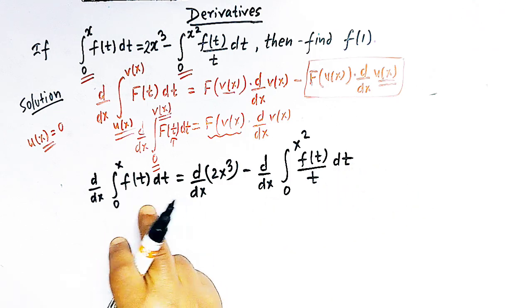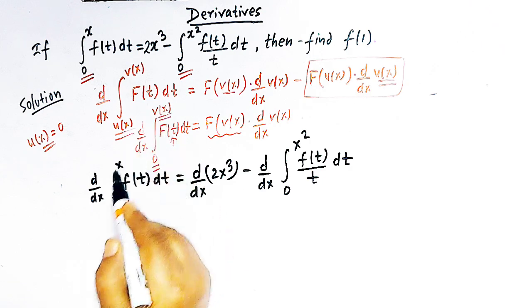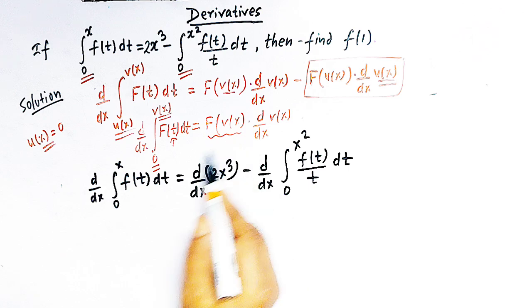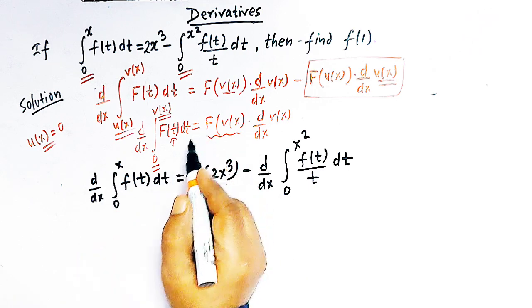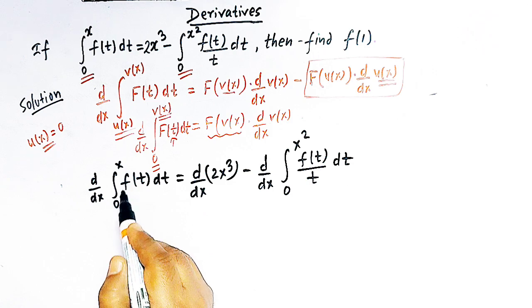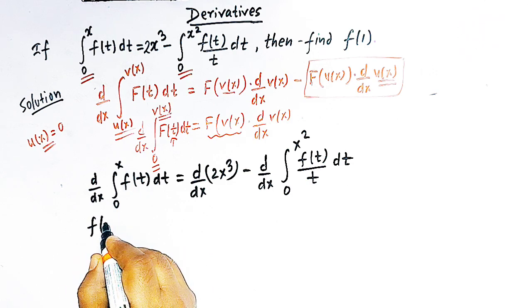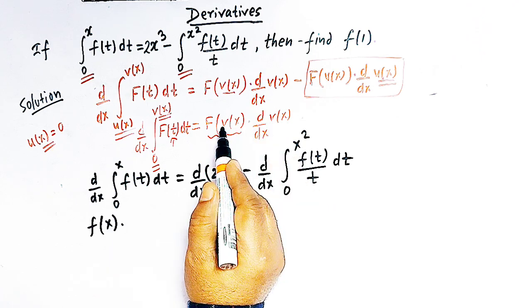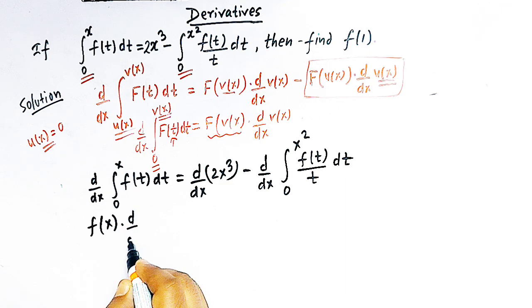Now if we compare this integral with this one, then v(x) is simply x. Applying this result to this integral, we have simply f(x) here and the derivative of v(x), and since v(x) is x, the derivative of x is 1.